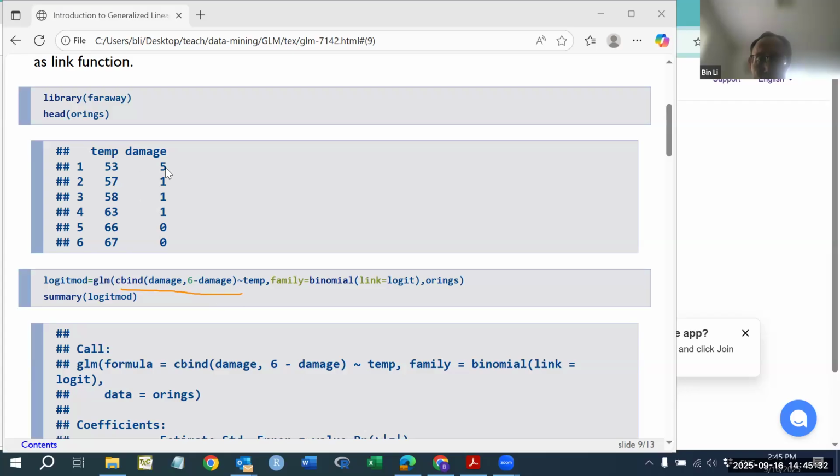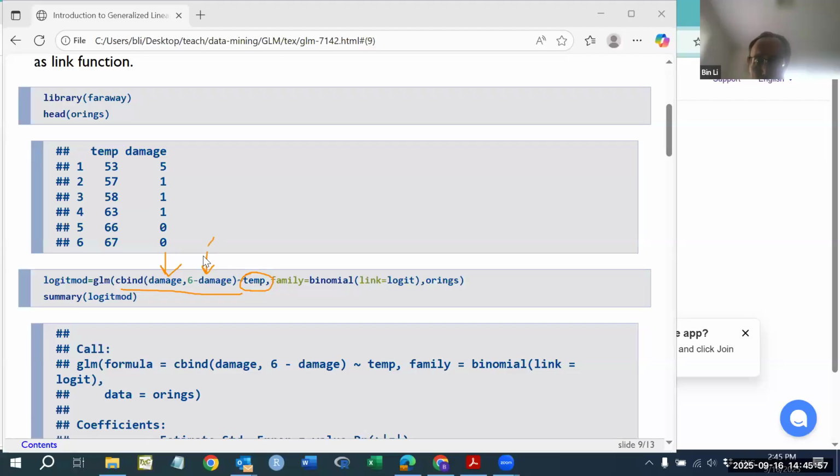If we have the data in that format, we can have damage and 6 minus damage. This is the number of damages among these 6 rings, and this is the number of rings that were not damaged. The systematic component is temperature.